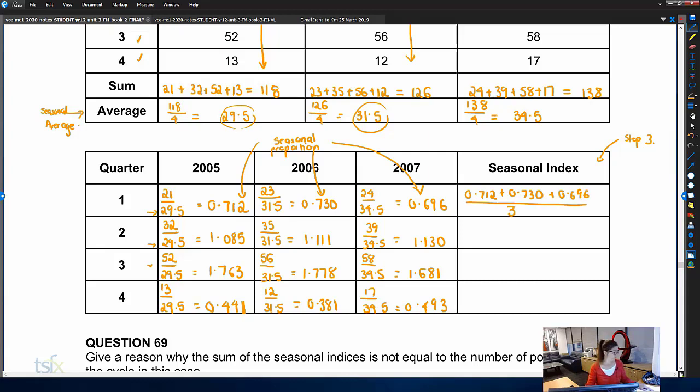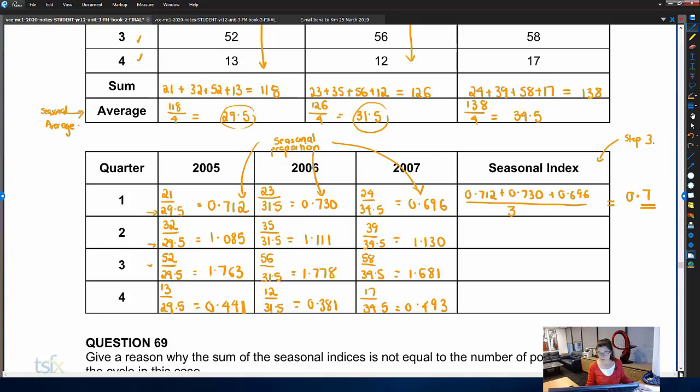I divide by 3. When I add these all up, I will get it to 3 decimal places, but I was in fact asked to give it to 1 decimal place, if you remember in the question. So I'm actually going to round to 1 decimal place. In this case, you get 0.7.